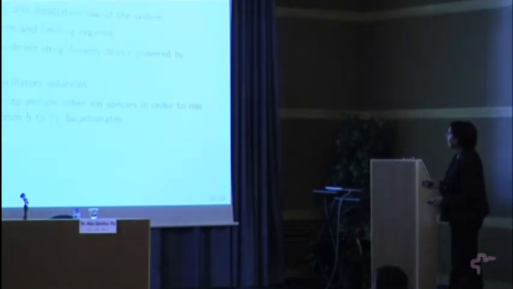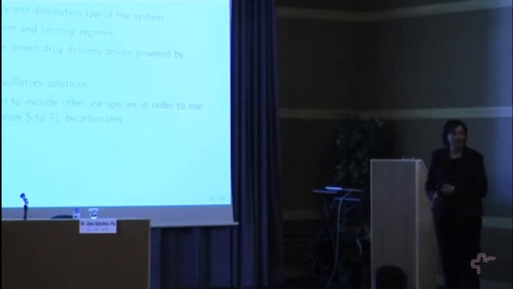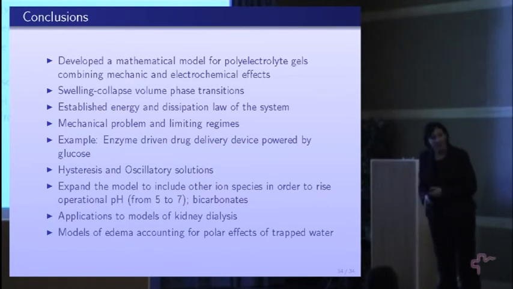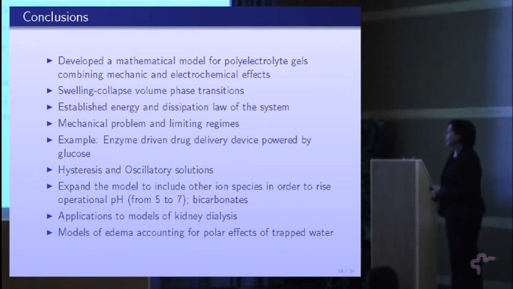Now, let me just mention that this device is very nice on a tabletop and it works, but the working pH is way too low. The best we can do without the marble is a pH of about 5.